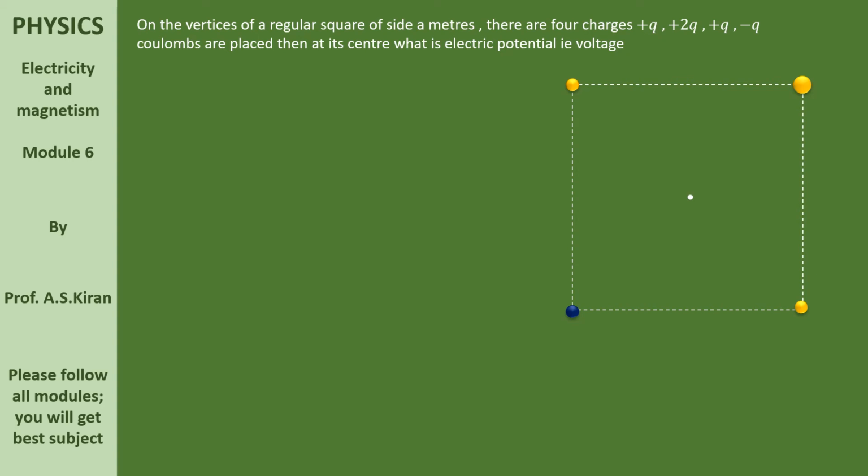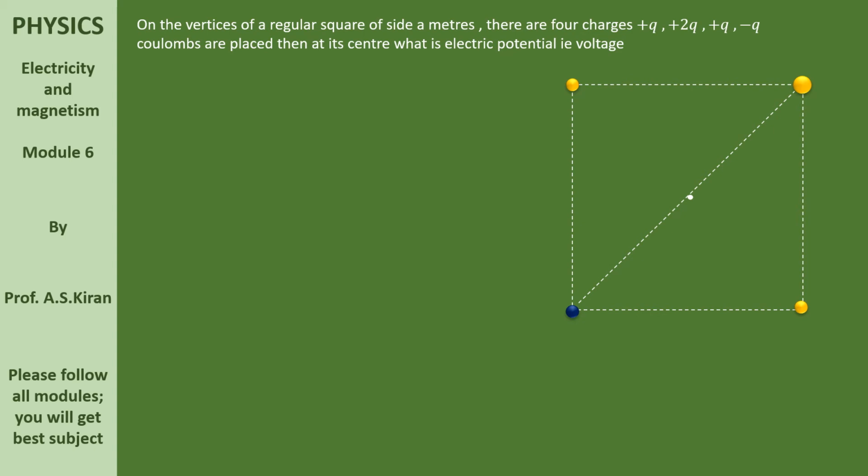Yes, at the center, we are going to find the potential, I mean, electric potential. Let us join the vertices like that. What is the diagonal of a square? That diagonal is forming two right angled triangles.